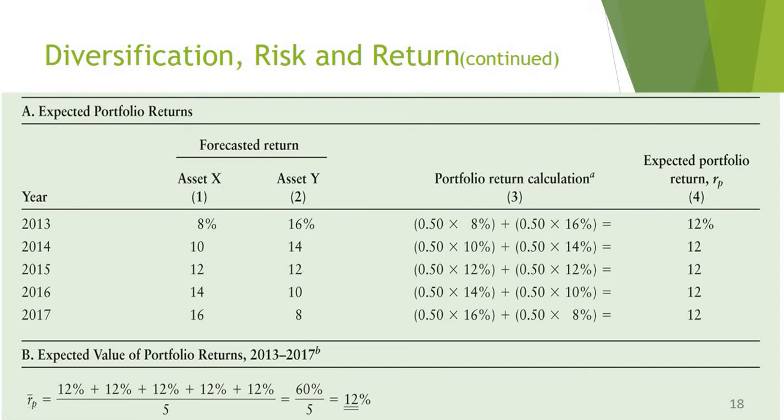So by looking at this data, as it is only for 5 years, we can say that asset X and asset Y are perfectly negatively correlated.